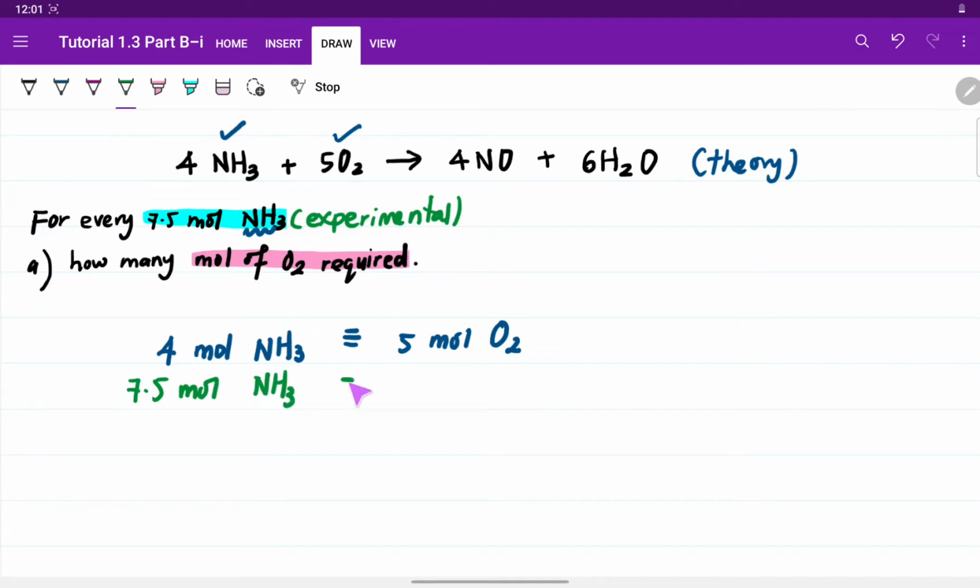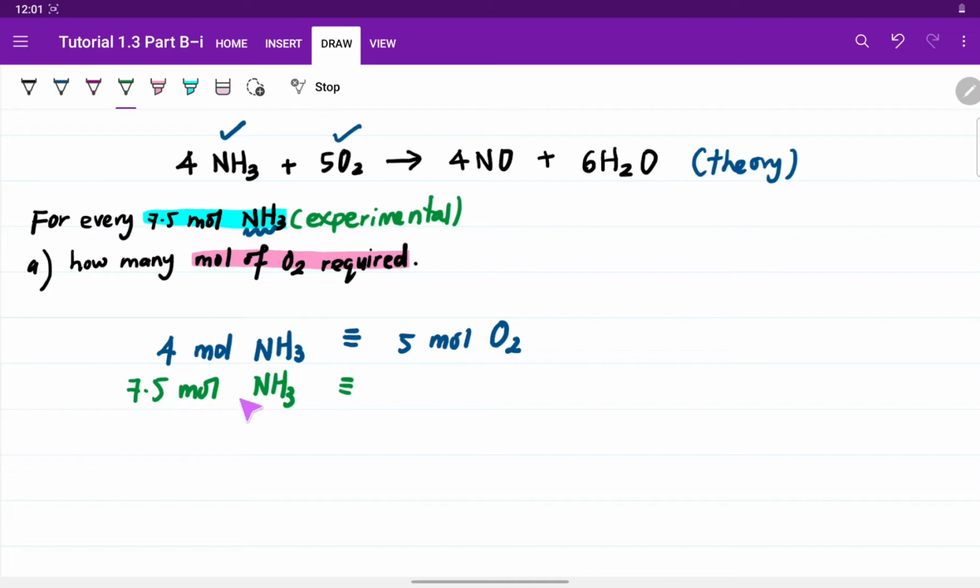So we want to find if we have 7.5 mole of NH3, how many moles of O2 that we need, that we required. Okay, jadi apa yang awak akan buat? So, seolah-olah dekat sini ada X, kita nak cari berapa nilai X. Okay, tapi saya takkan letak X kat sini lah. Terus buat calculation dekat sini.